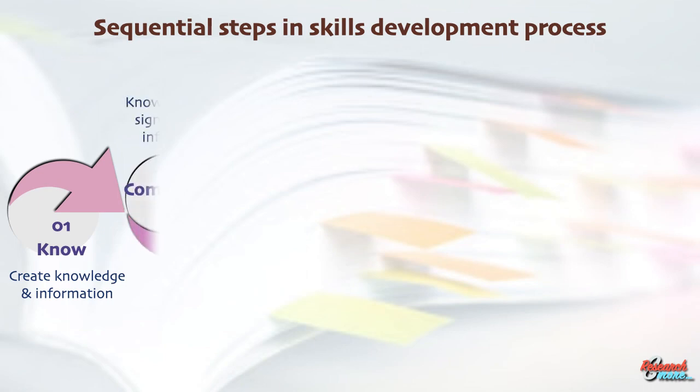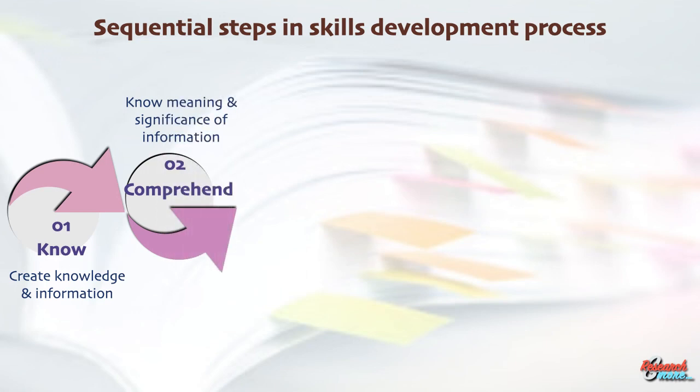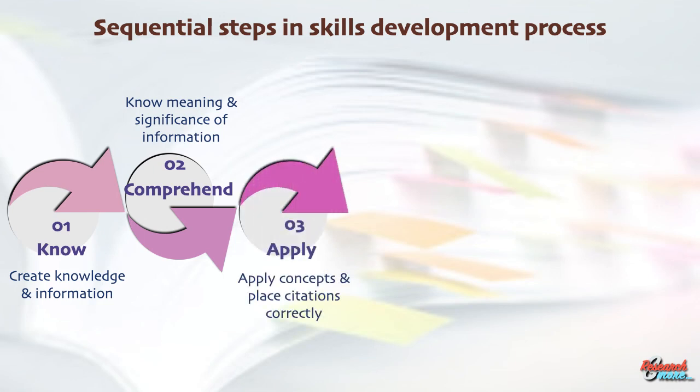In the second step, we demonstrate our comprehension of the literature by showing that we know the meaning and significance of the information being reported. We show our ability to apply what we read by identifying the major concepts relevant to the study and placing the citation in the correct category.